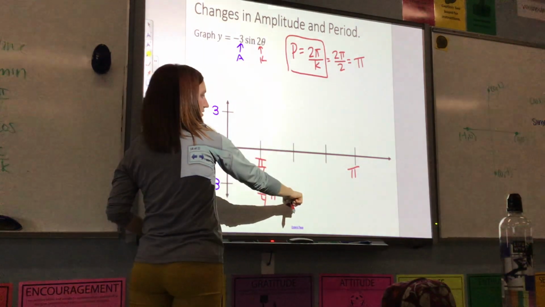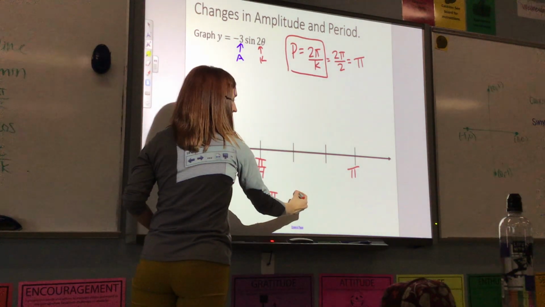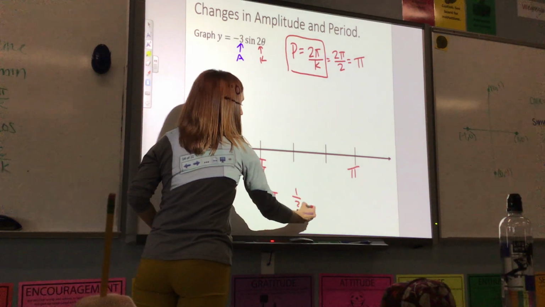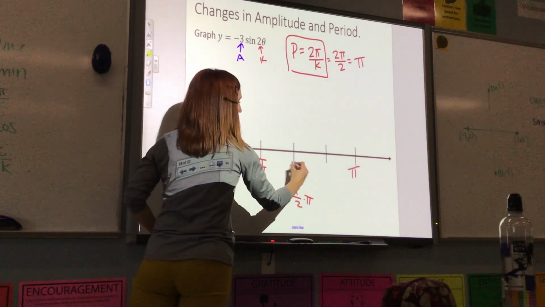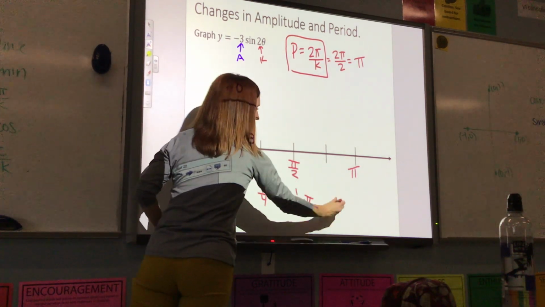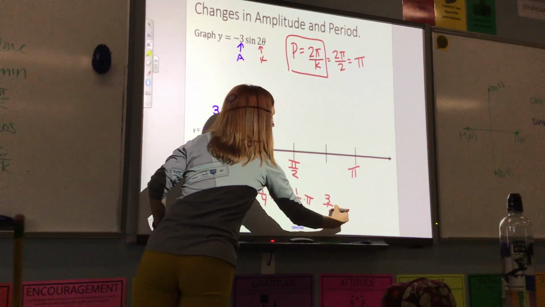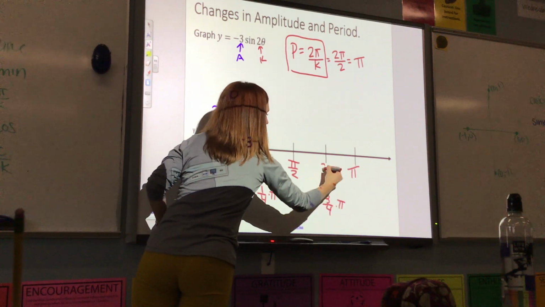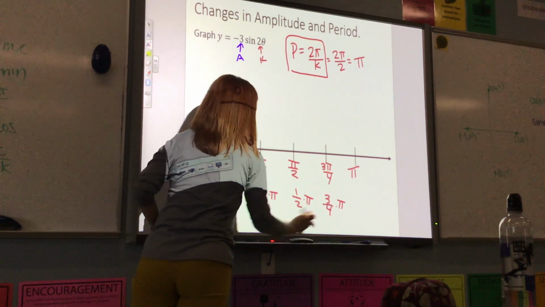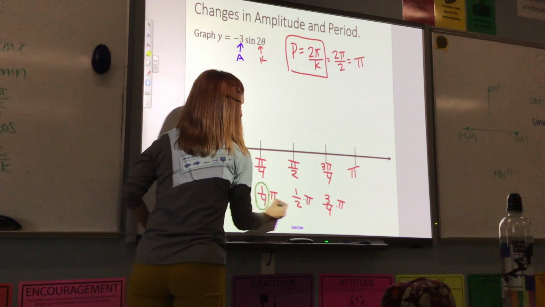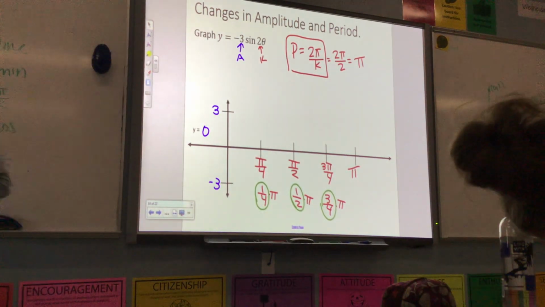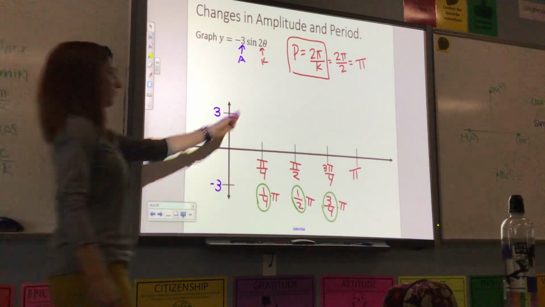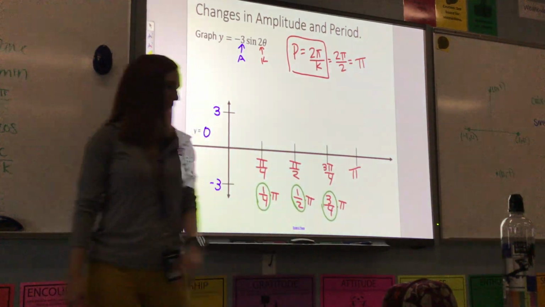Which means this is how far? Because it's halfway, yes? So this is pi over 2. This is how far? 3/4 of the way times pi, so this is 3 pi over 4. You will always use these same fractions. You'll do a fourth times your period, a half times your period, and 3/4 times your period, and that will give you your tick marks, because you're a fourth of the way, half of the way, 3/4 of the way.